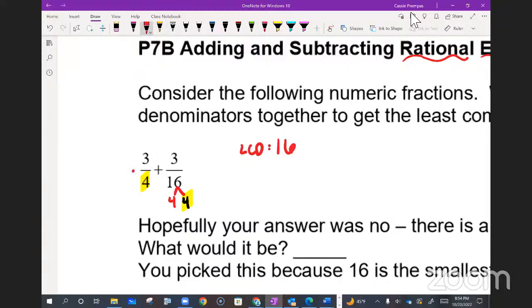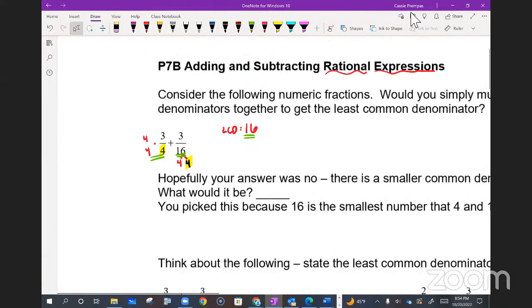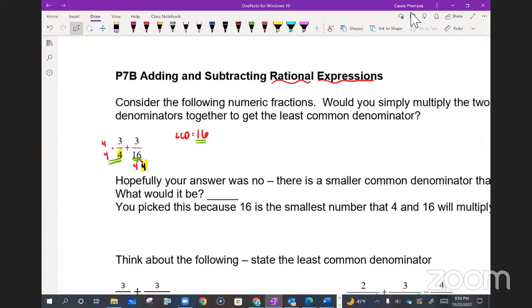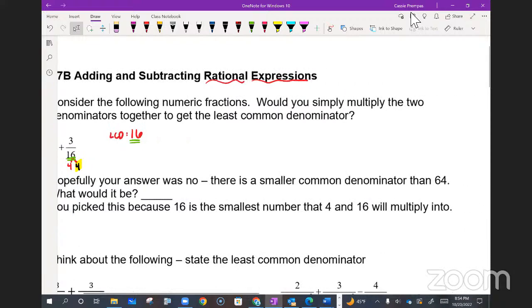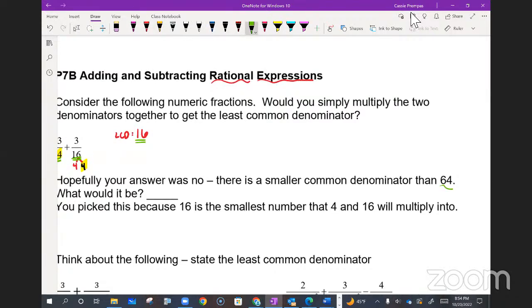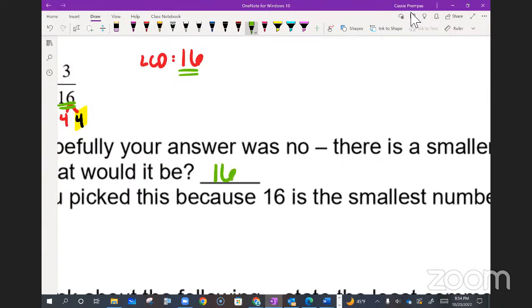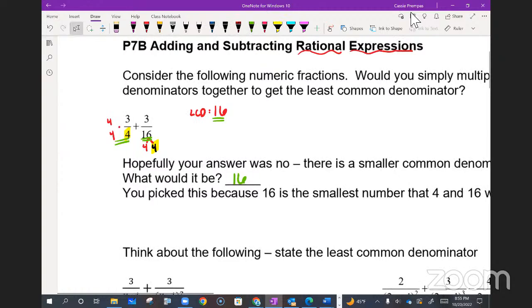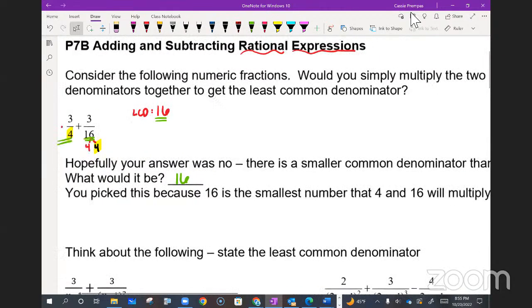So I'd multiply this fraction by 4/4, and I can see that the smallest denominator that they both multiply into is 16. Okay, so you would not simply multiply the denominators together. There's a smaller common denominator than 4 times 16 or 64, and that would be 16. And the key is you picked this number because 16 is the smallest that 4 and 16 would multiply into.